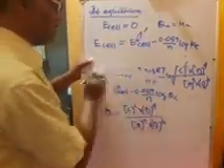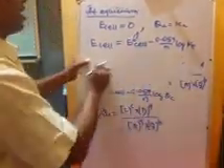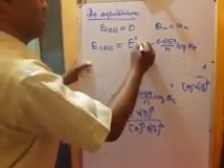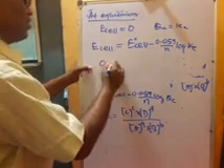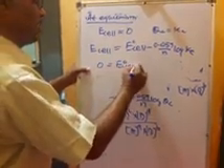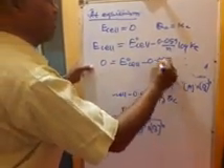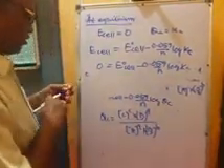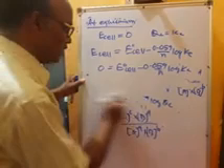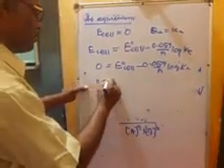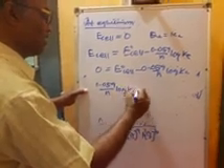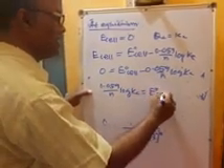So 0 is equal to E naught cell minus 0.059 by n log Kc, and therefore 0.059 by n log Kc is equal to E naught cell.